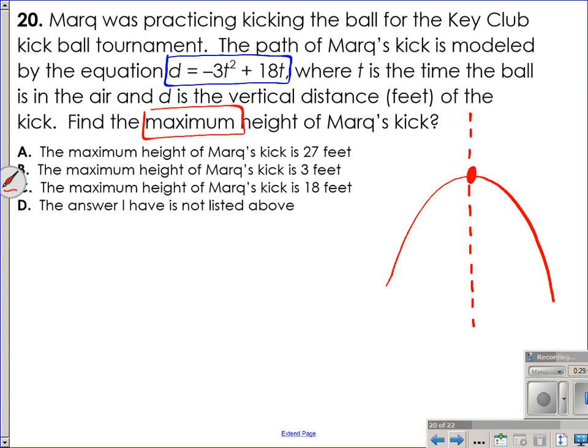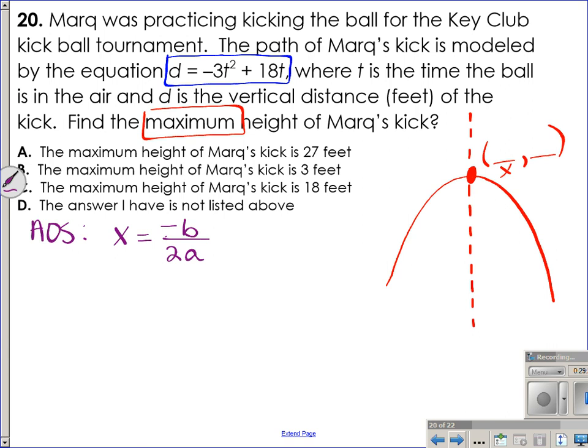So we can use that axis of symmetry formula to help us find the coordinates of that maximum, the vertex. Okay? And to get the x value, that's where the axis of symmetry formula comes in handy, because it's x equals opposite of b divided by 2a.